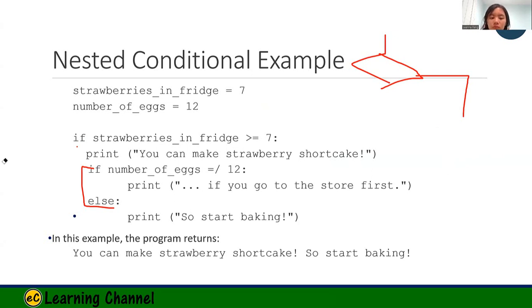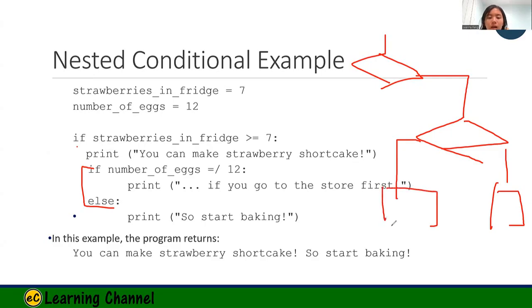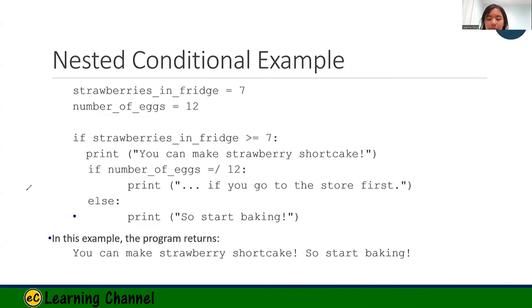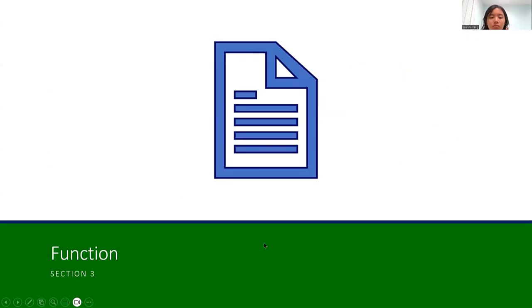Number of eggs divided, actually equals 12 or not, okay? And then there's an if yes and no here, okay? So your flow chart looks like this. Okay, you need to be able to draw the flow chart, making sure you understand it, okay?